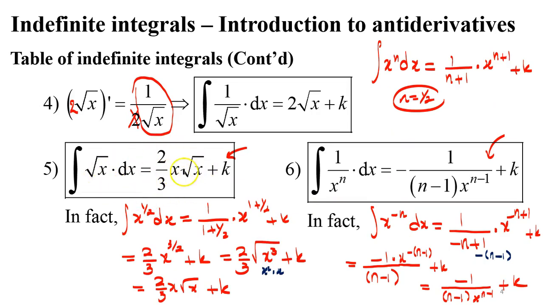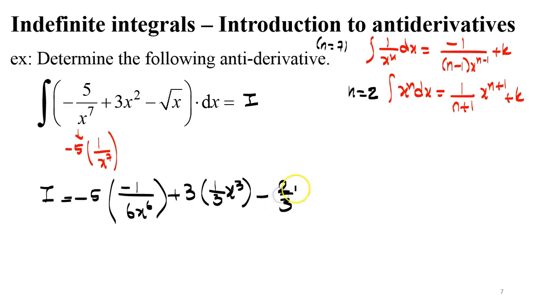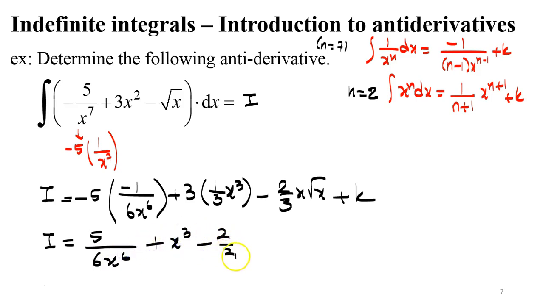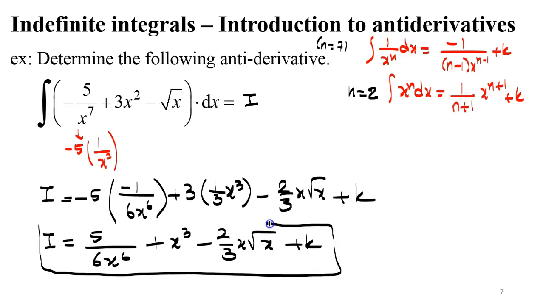We already have it there as 2/3 x square root of x, of course, plus k. So simplifying our expression here would give me 5 over 6x to the 6 plus x cubed minus 2/3 x square root of x plus k. So that would be my antiderivative.